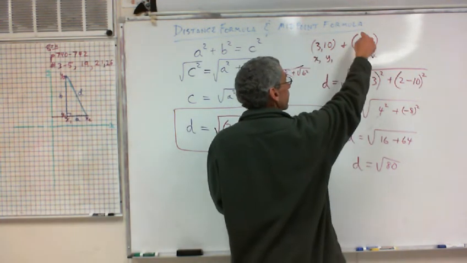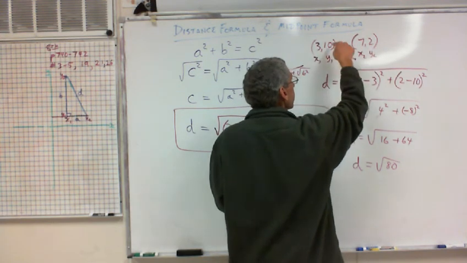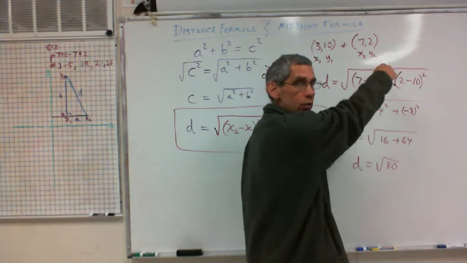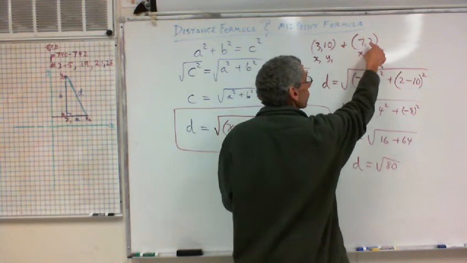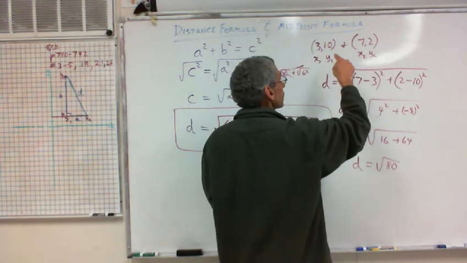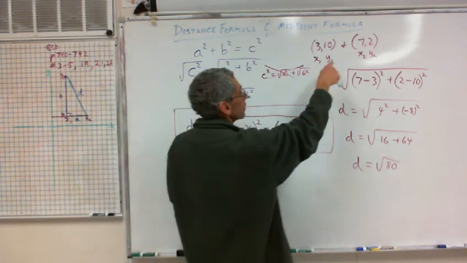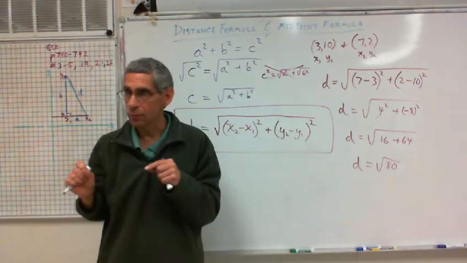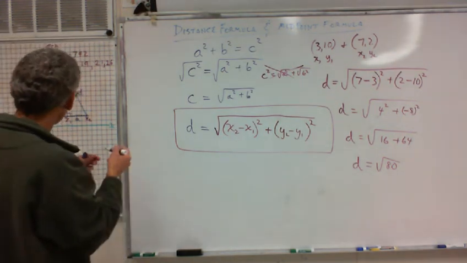I just say this x minus this x squared, plus this y minus this y squared. Whichever one you start with, you have to start with both. If I start with this x, I have to start with this y. Then I put a minus sign, square, plus, because the formula has a plus, and then this y minus that y squared. Pretty straightforward, right? Okay, so that's the distance formula.